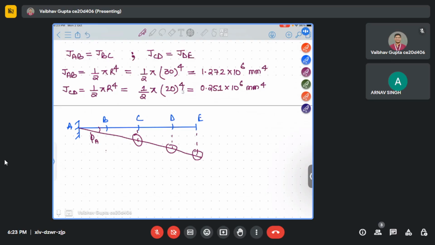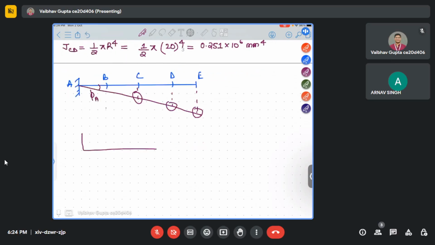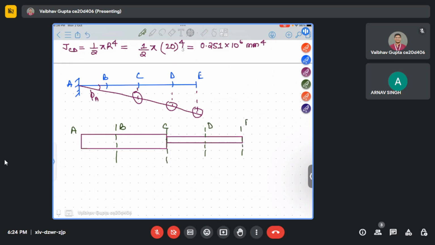Suppose I discretize our shaft like this. So this is A, this is B, this is C, this is D, and this is E. And our torque is applied at these points.